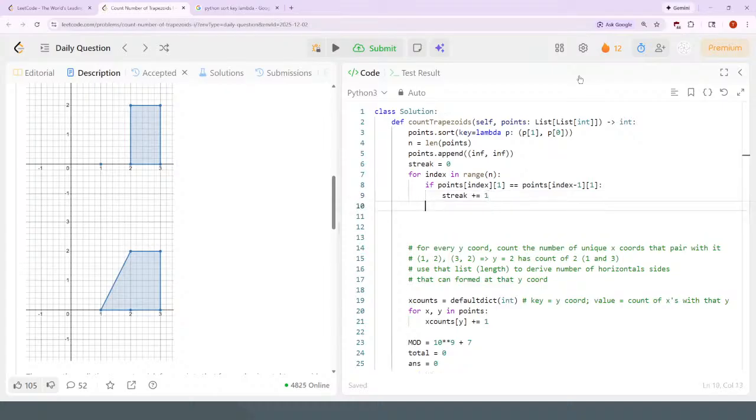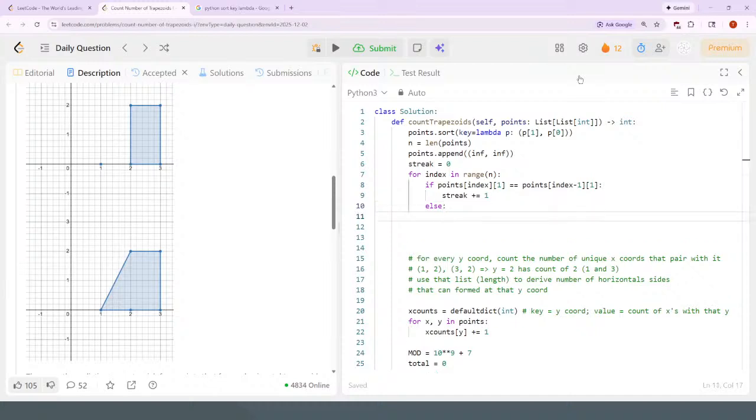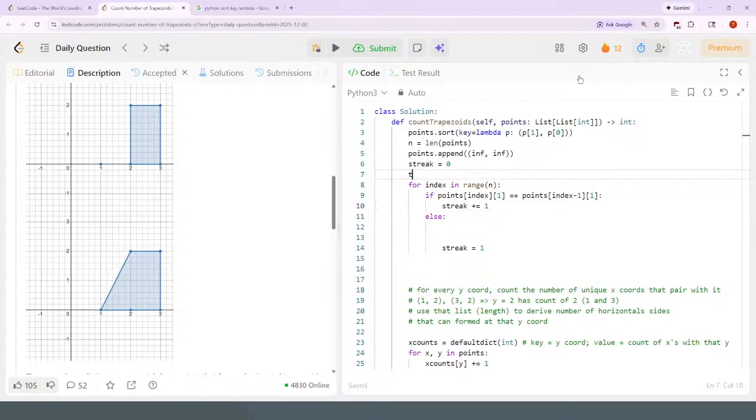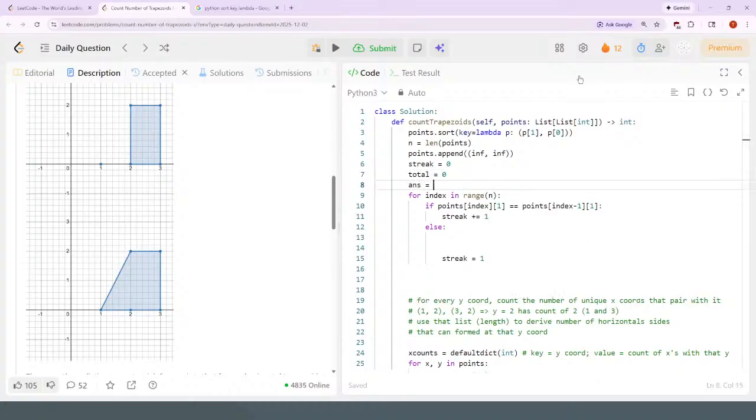Else the streak is going to have to reset. And when it resets, eventually I'm going to say streak is back to 1. And I need to calculate the other stuff. So total equals 0, ans equals 0.